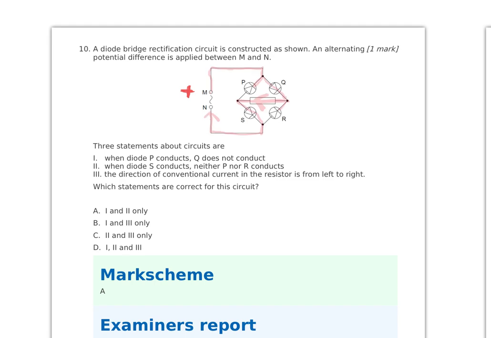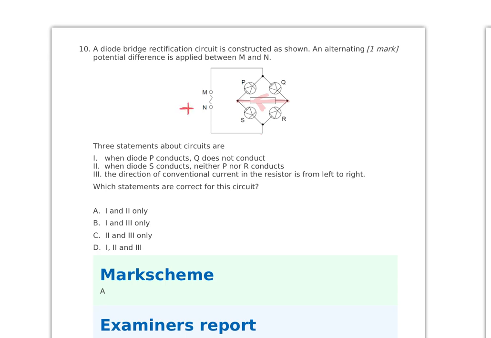Now I'm going to erase everything that I did except for the current flow through the load, because I want to show you that the current flow is going to be the same because of this diode bridge situation. But I'm now making N to be positive.